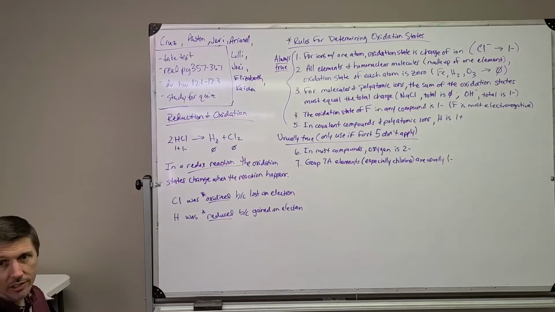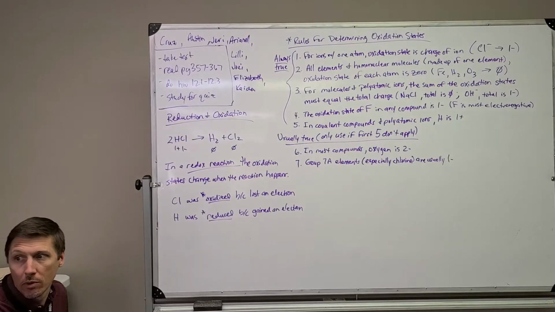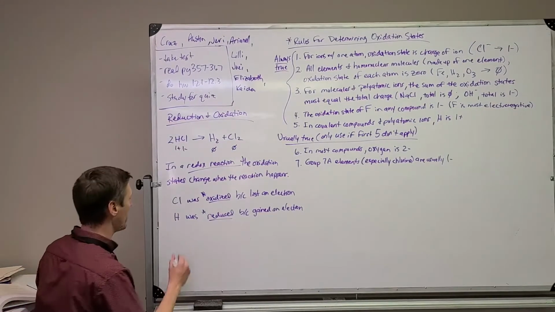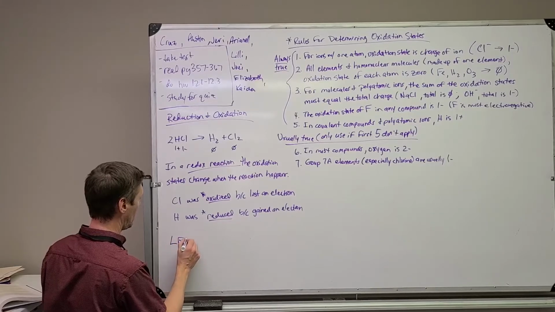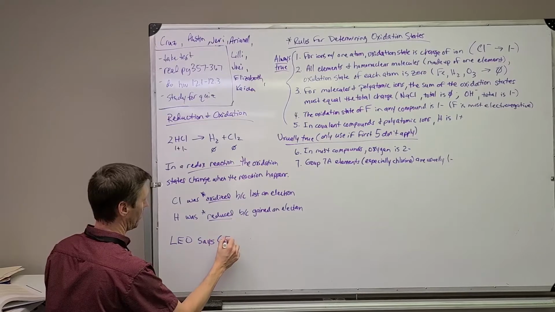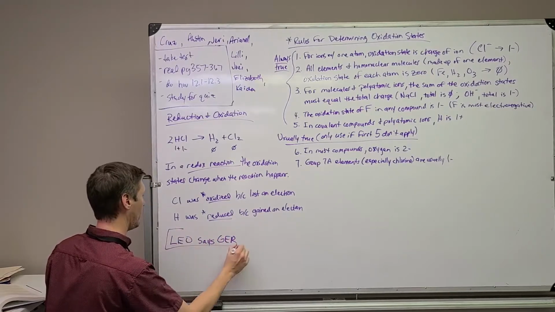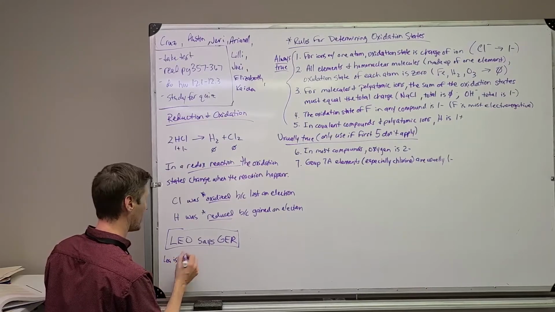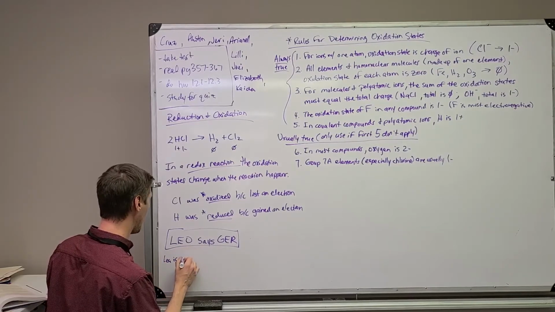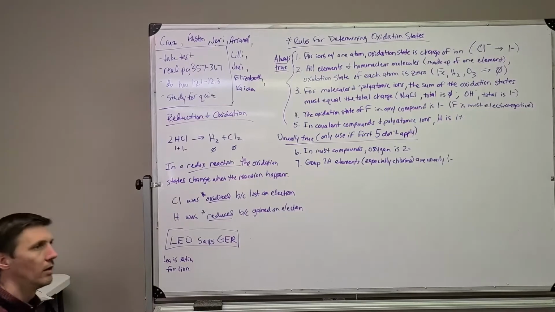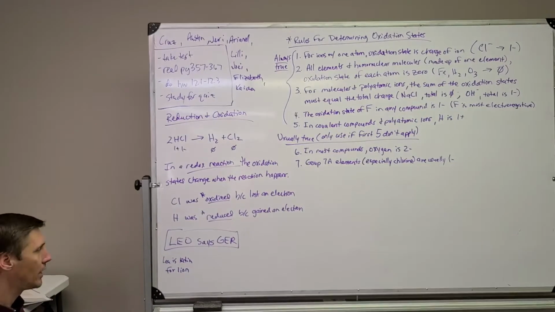And so we've got a cheesy little way to remember which is which, all right? The way that we remember that is that Leo the lion says grr. Leo is Latin for lion. All right, so Leo the lion says grr.